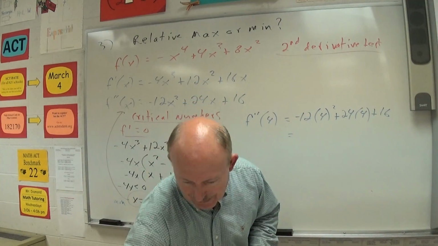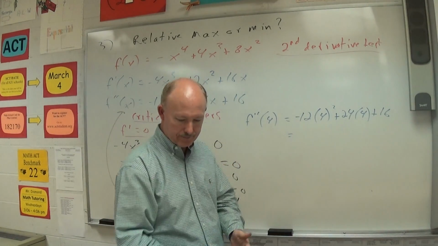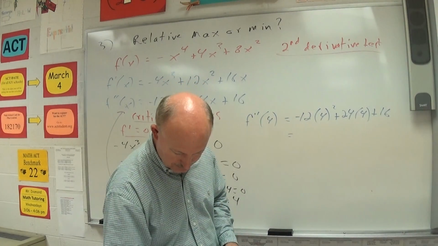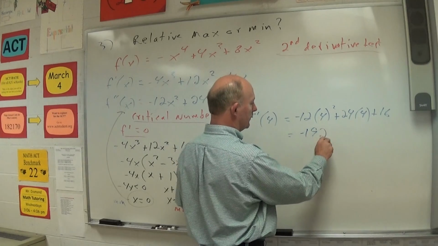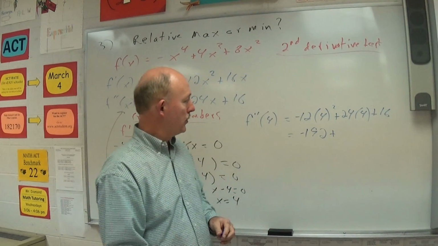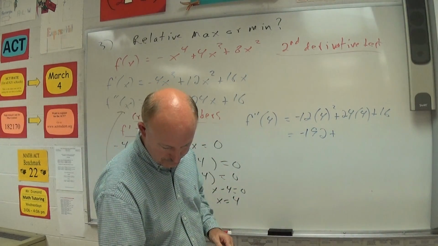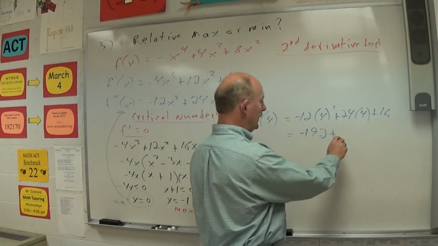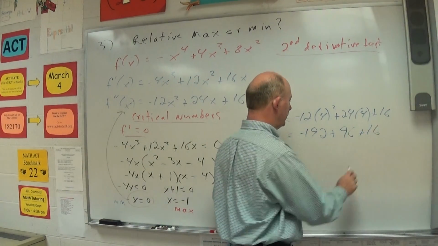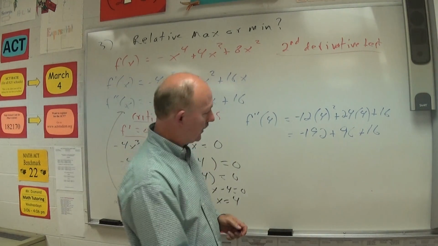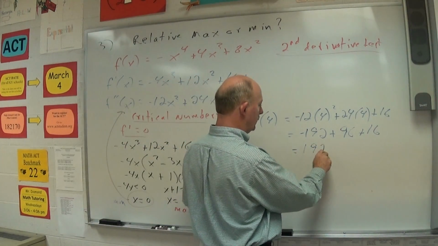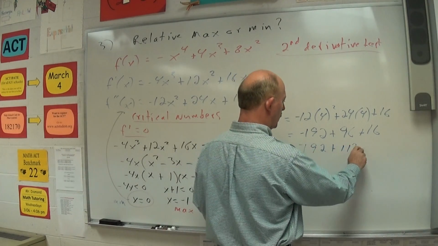Let me get my calculator here to save a little bit of time. Negative 12 times 16 gives us negative 192, plus 24 times 4, which is 96, plus 16. Now 96 plus 16 gives us 112. So it'll be negative 192 plus 112.